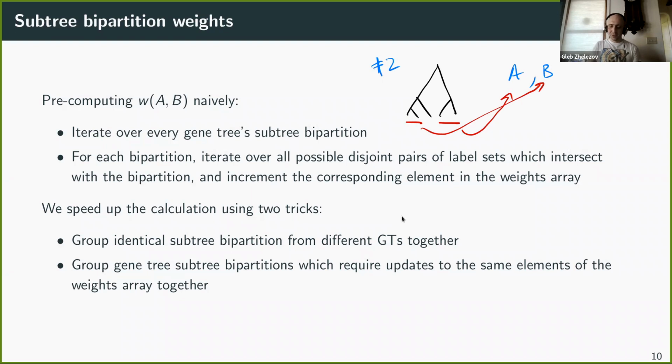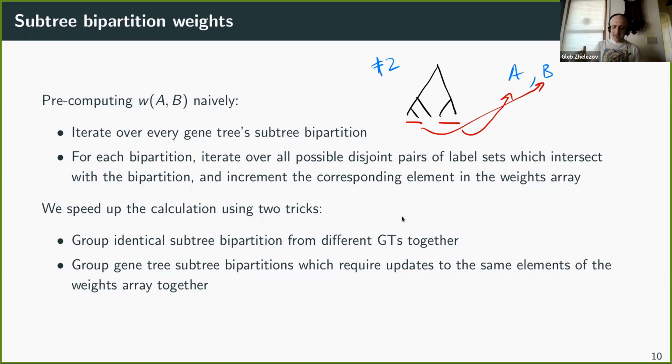So I'll do that for every gene tree and for every A and B. Obviously, that'll be a nightmare to compute, especially as your number of gene trees increases. So we wanted to speed up this process. Obviously, you can't get around the fact that the number of necessary computations grows super fast, but you can at least reduce it. And hopefully these ideas are also useful in the approximate case.